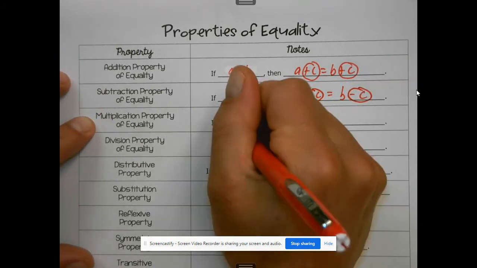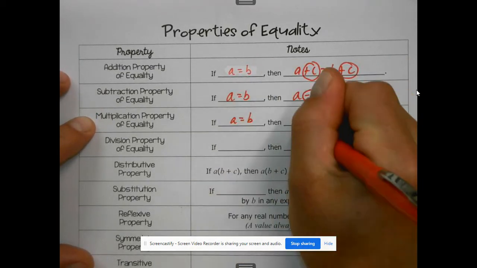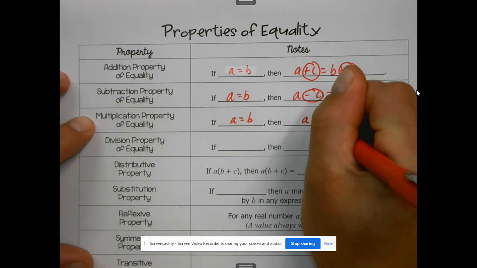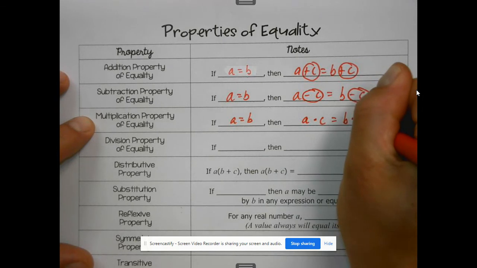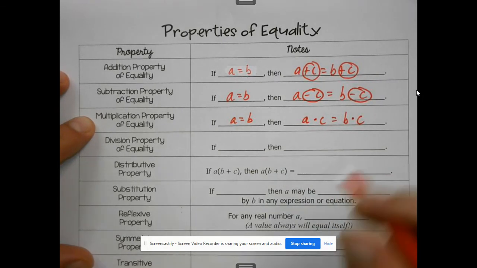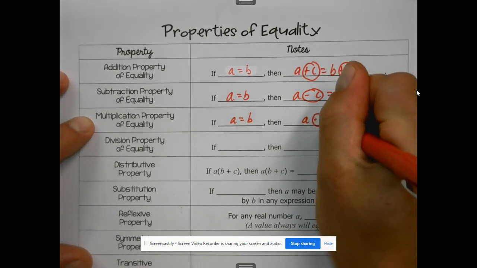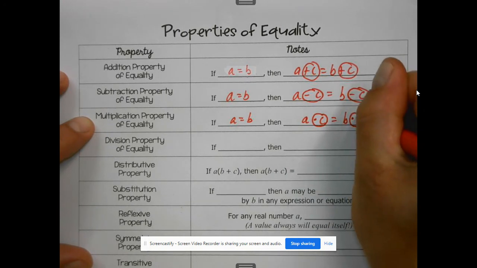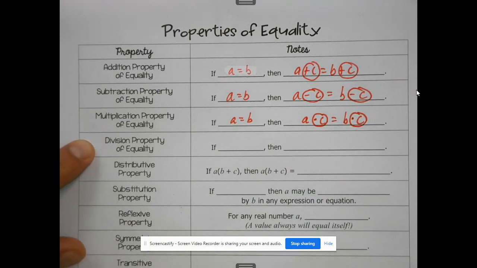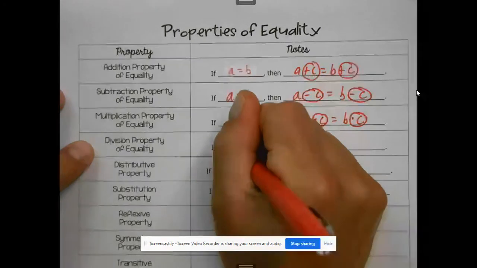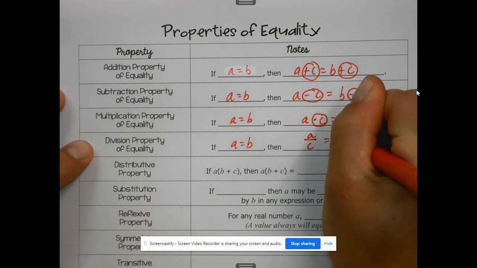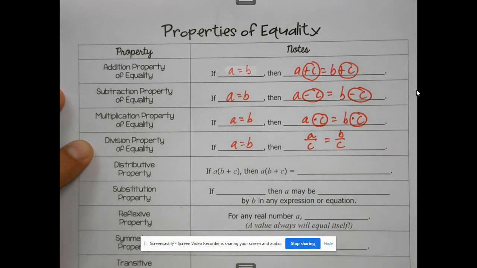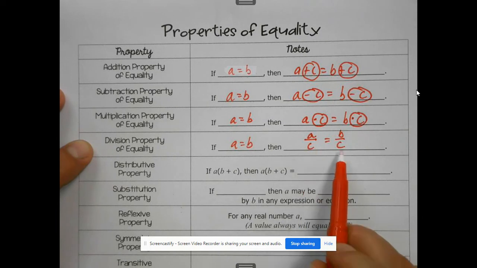Multiplication property, if A equals B, then A times C equals B times C. And then once again, if you notice, we're just multiplying C on both sides of the equation. Division property, if A equals B, then A divided by C equals B divided by C. In this case, we're dividing C on both sides of the equation.